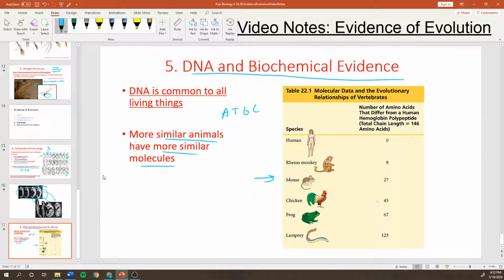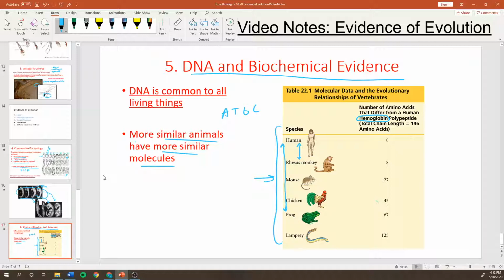So if we take hemoglobin, which binds to oxygen, so all of these guys have hemoglobin, right? If we look at animals that we would just intuitively think are more similar, a human and a rhesus monkey are more similar than a human and a frog, right? And we can also tell because of the physical characteristics.